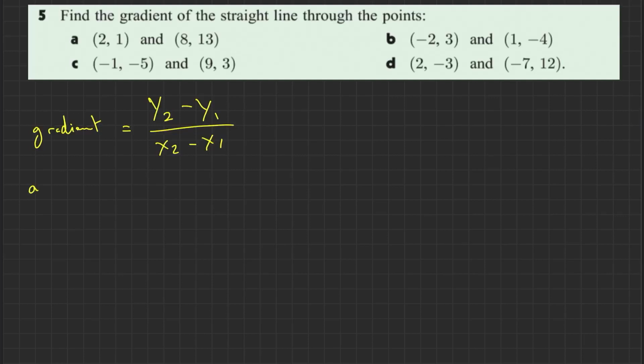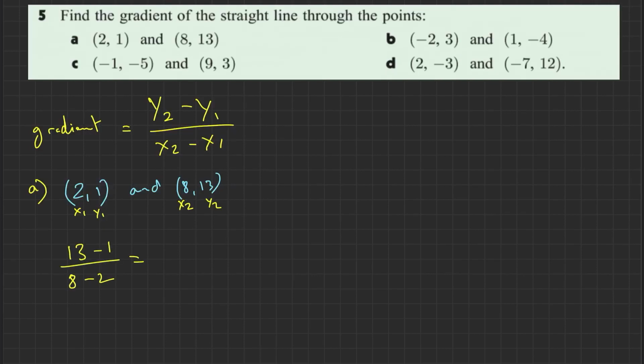For part A, we're going to have the points (2, 1) and (8, 13). I'm going to label my points as x1, y1, x2, y2, and then substitute those into the formula. So I've got 13 minus 1 divided by 8 minus 2. That gives me 12/6, which is a gradient of 2 then.